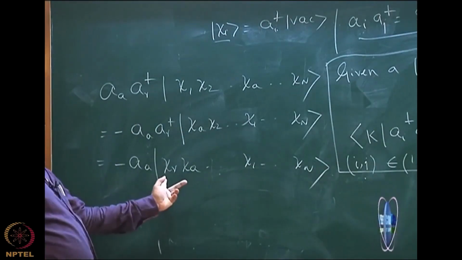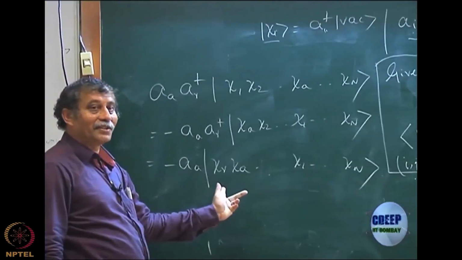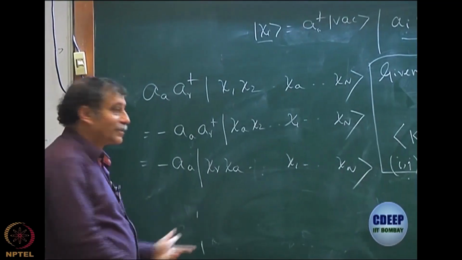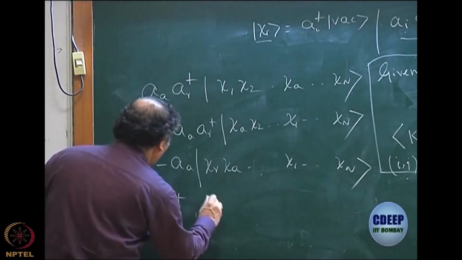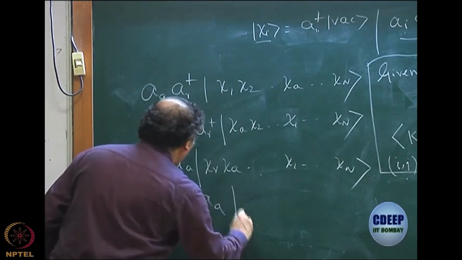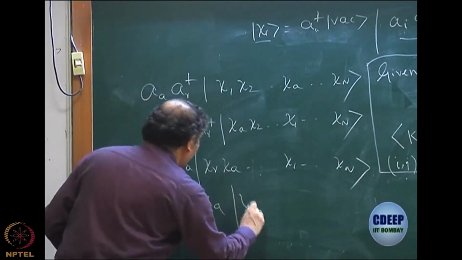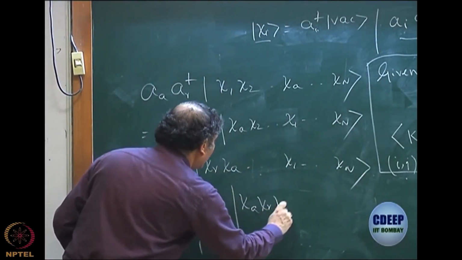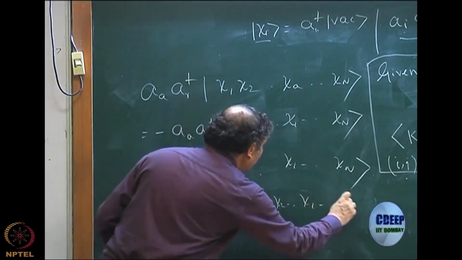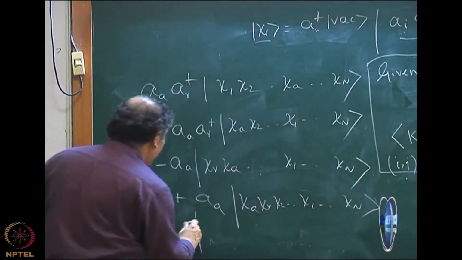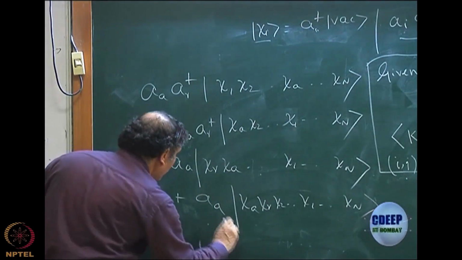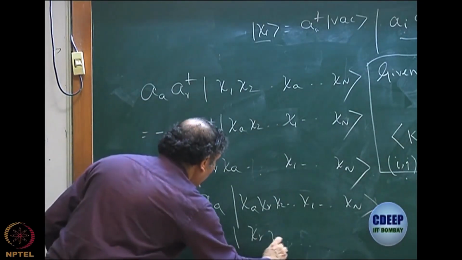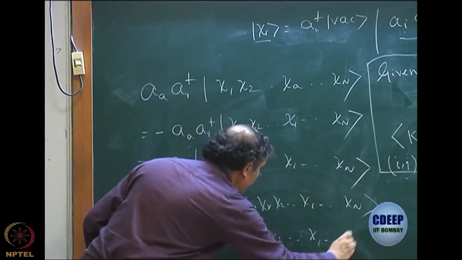So, I have to do one more switch, because I can't annihilate otherwise, right. So, this will become plus a A, and now chi A will first come, then chi R, then chi 2, etc., chi 1, chi n, and now I can annihilate chi A. So, I get plus chi R, chi 2, chi 1, chi n.